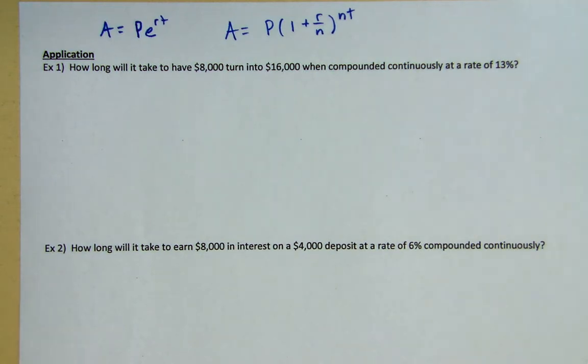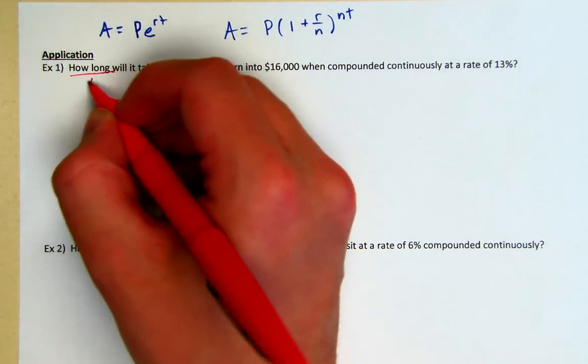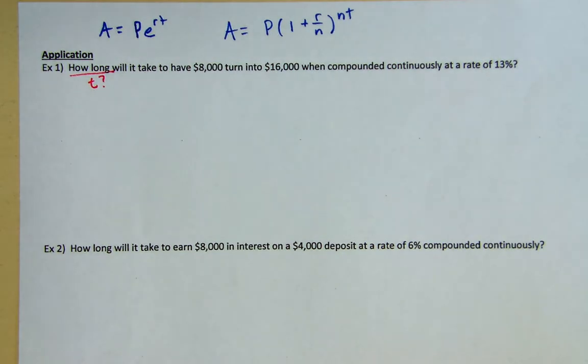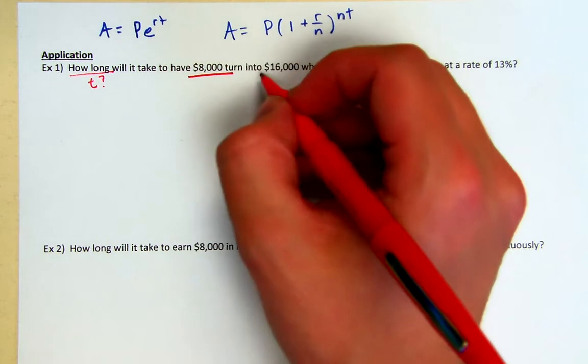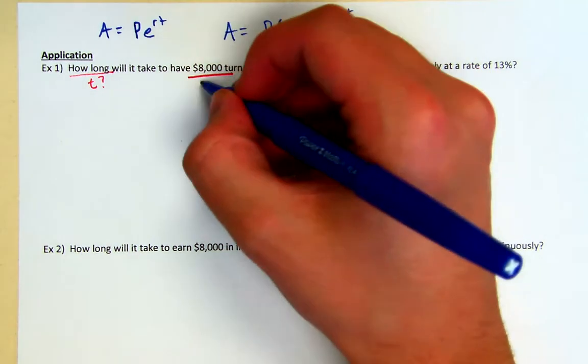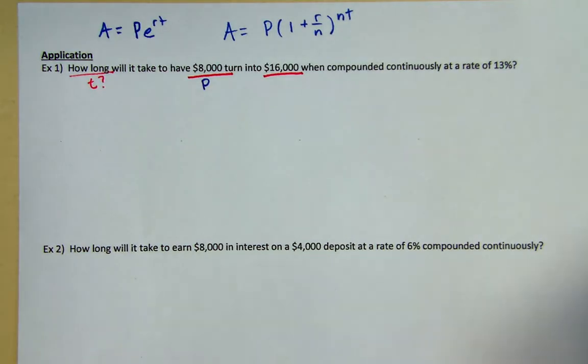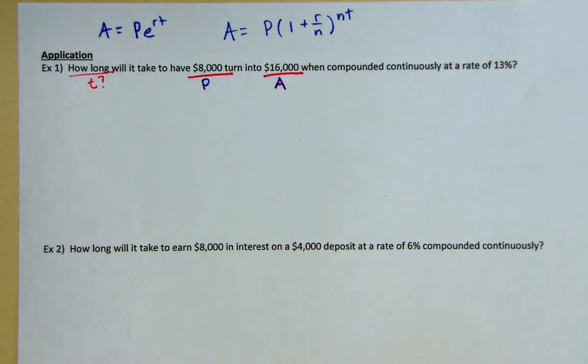So let's dissect this problem. How long tells me I need to know what T is. Will it take to have 8,000 turn into 16,000? So my initial or principal amount is turning into my ending amount.